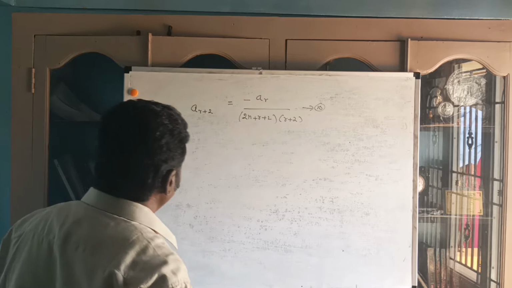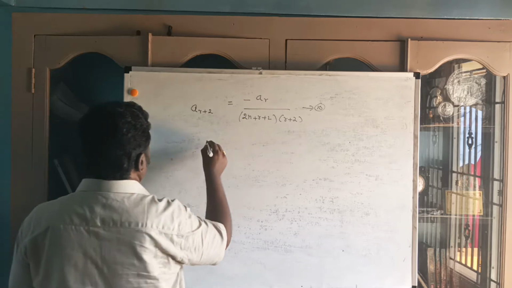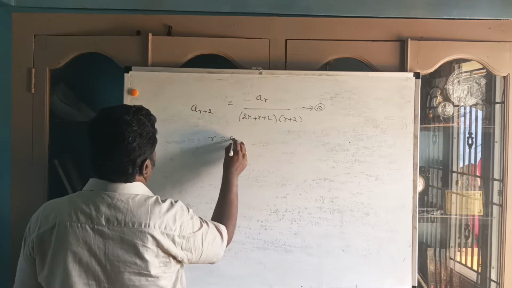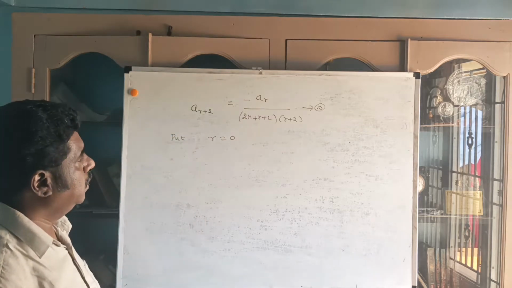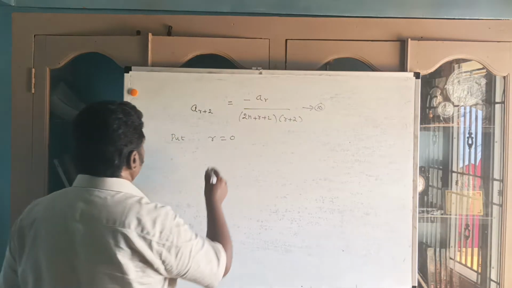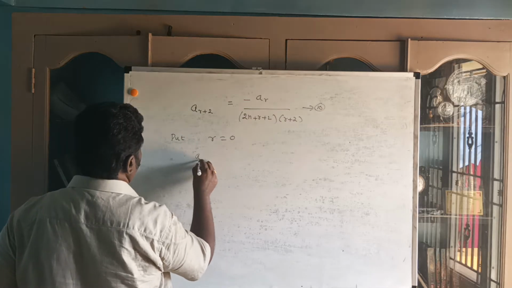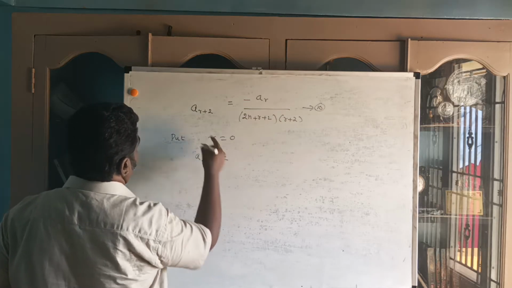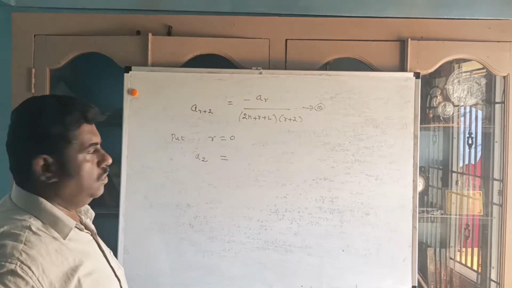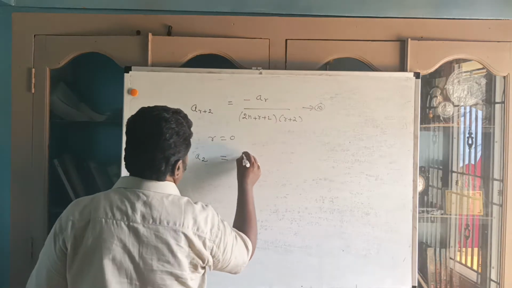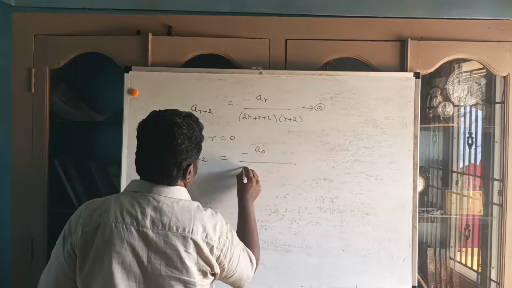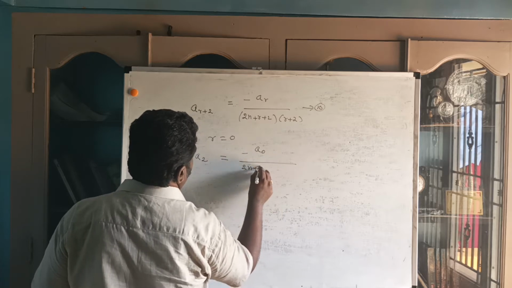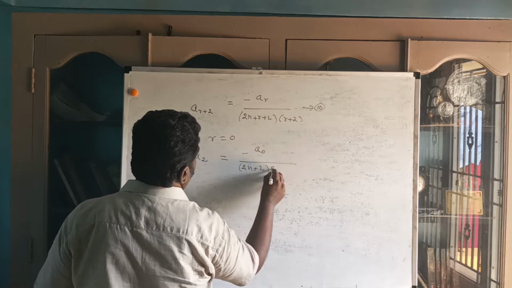In this equation, if you put R equal to 0, we can get the coefficient of A2. So A2 is equal to minus A0 divided by (2n + 2) into 2.